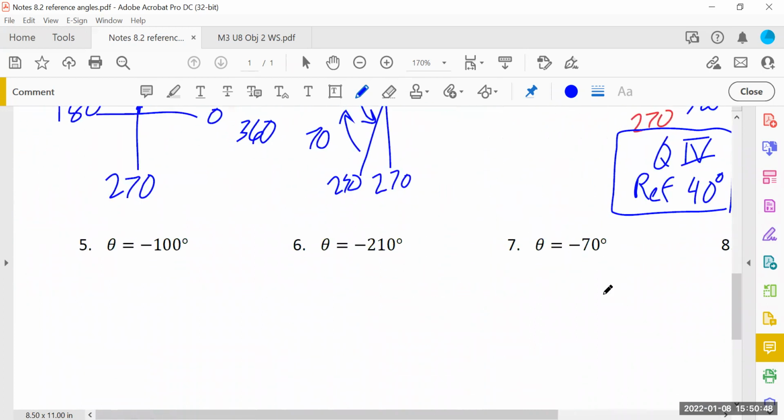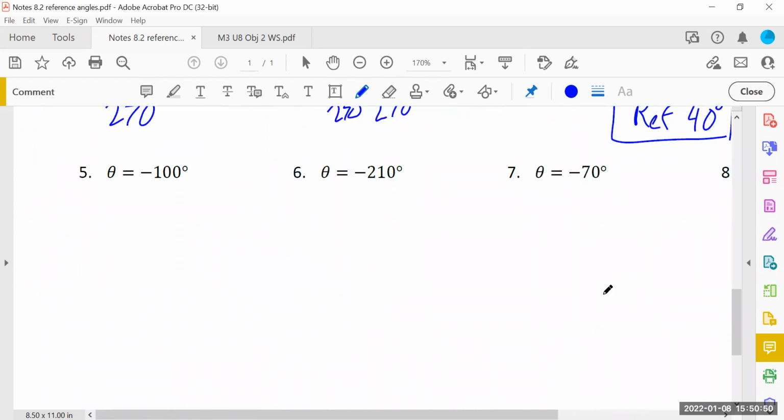Now, that's enough of the super easy stuff. Let's go with some negatives. So negative 100 degrees, that means I'm going backwards. If I'm going backwards, let's label everything backwards. 0, negative 90, negative 180, negative 270. So negative 100 would be right here, just a little bit past negative 90. So there is my arrow showing how I would get to negative 100.